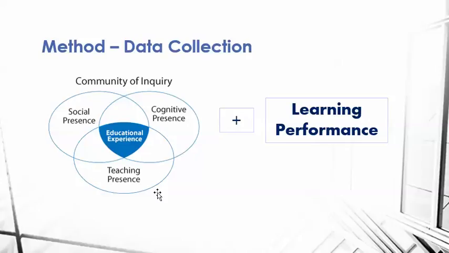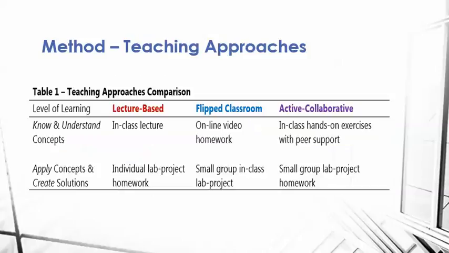So, those three were looked at with an attitude scale and open ended questions. And as well, learning performance was looked at for all three teaching approaches: the flipped, the lecture, and the active approach. So, what do each of these look like?